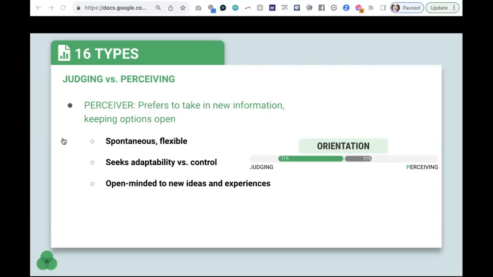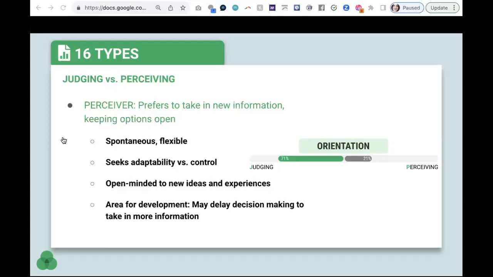They're more open-minded to new ideas and experiences because they're not seeking to order and organize all the time. They're seeking to explore and to understand. Their area for development is that they may delay decision making because they want to keep exploring, right? So when you've got teams of P's and J's, you've got a little bit of diversity in how you want to approach taking in information.